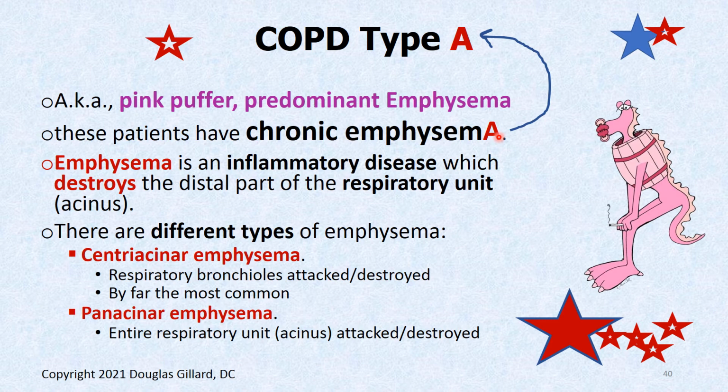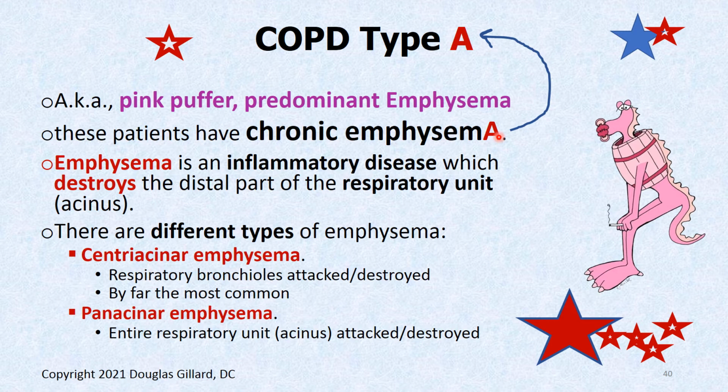A is emphysema. What is emphysema? We don't completely understand the pathophysiology of it, but it is a chronic inflammatory disease that gets out of control. It's weird because it only affects the respiratory unit to varying degrees. There are 4 or 5 different types.